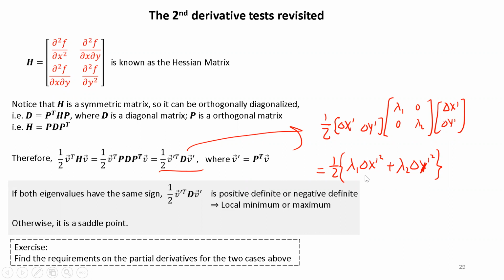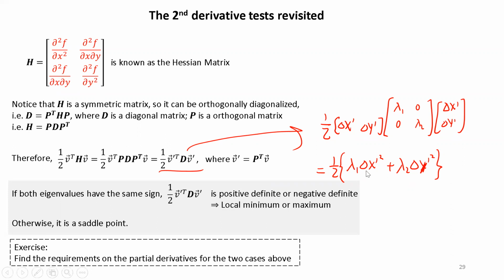You can see that if both lambda 1 and lambda 2 are positive, then no matter what value you pick for delta x prime and delta y prime, the whole thing will be positive. On the other hand, if both lambda 1 and lambda 2 are negative, then no matter what you pick for delta x prime and delta y prime, the whole thing will be negative.